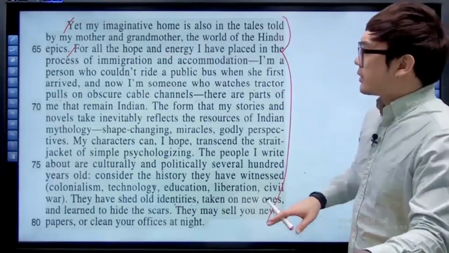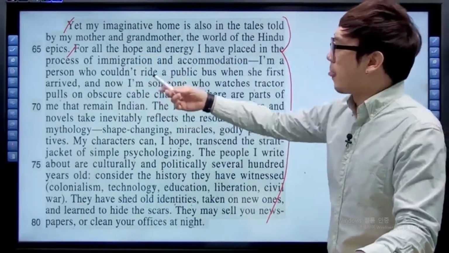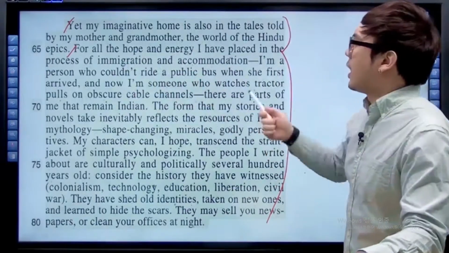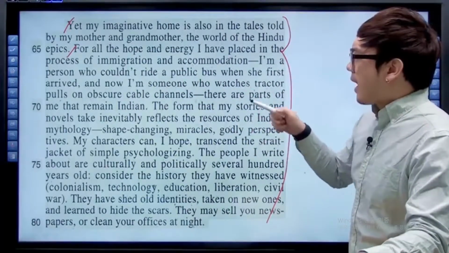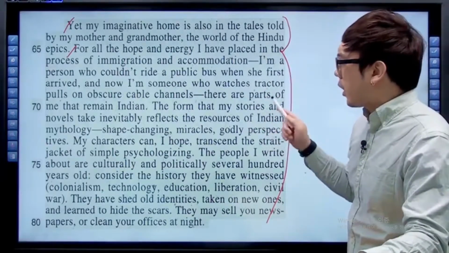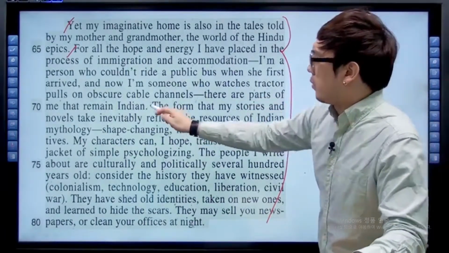So let's take a look at 68 and 69. So we'll read from here. Okay, that's a better thing to do. For all the hope and energy I have placed in the process of immigration and accommodation, I'm a person who couldn't ride a public bus when she first arrived, and now I'm someone who watches tractor pulls on obscure cable channels. There are parts of me that remain Indian. There you go, right?